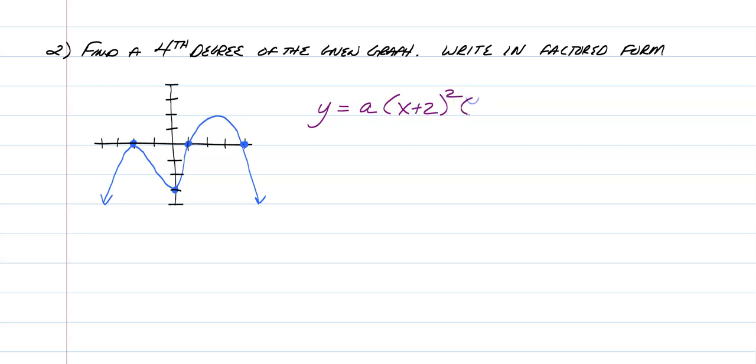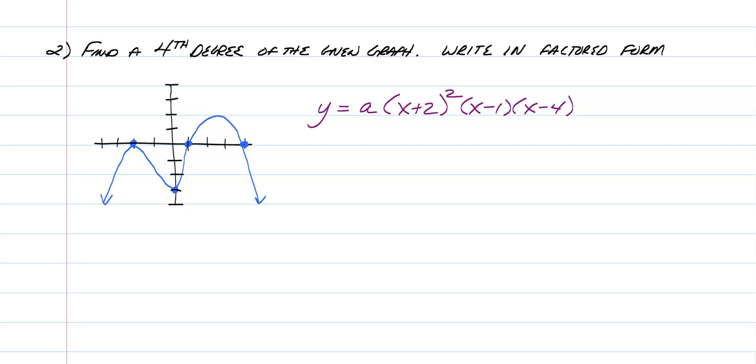And then we also have a positive 1, which means that came from x minus 1. And we have a positive 4, which means that came from x minus 4. So that is the layout, and it did say in factored form, so that's going to be nice for you because you didn't really have to do all the foiling and everything afterwards.